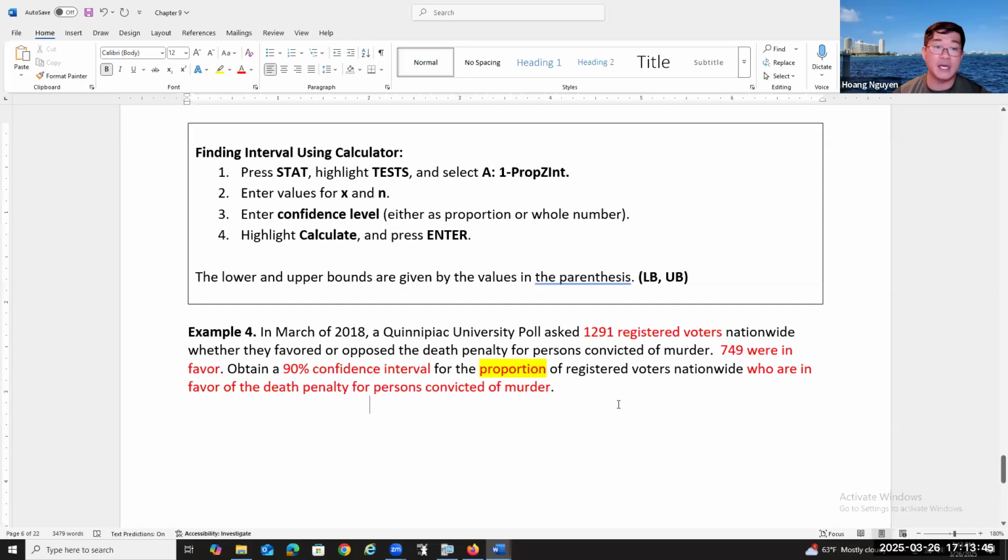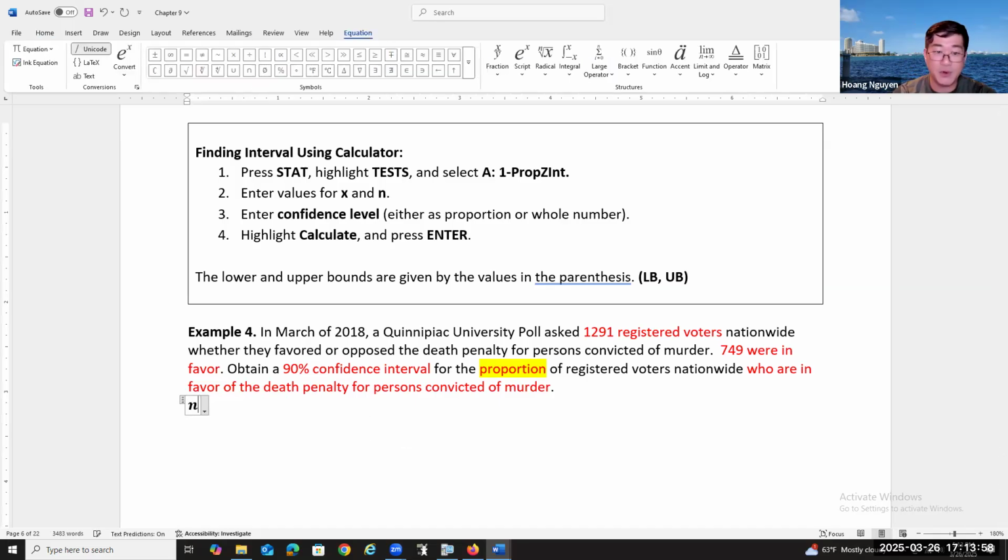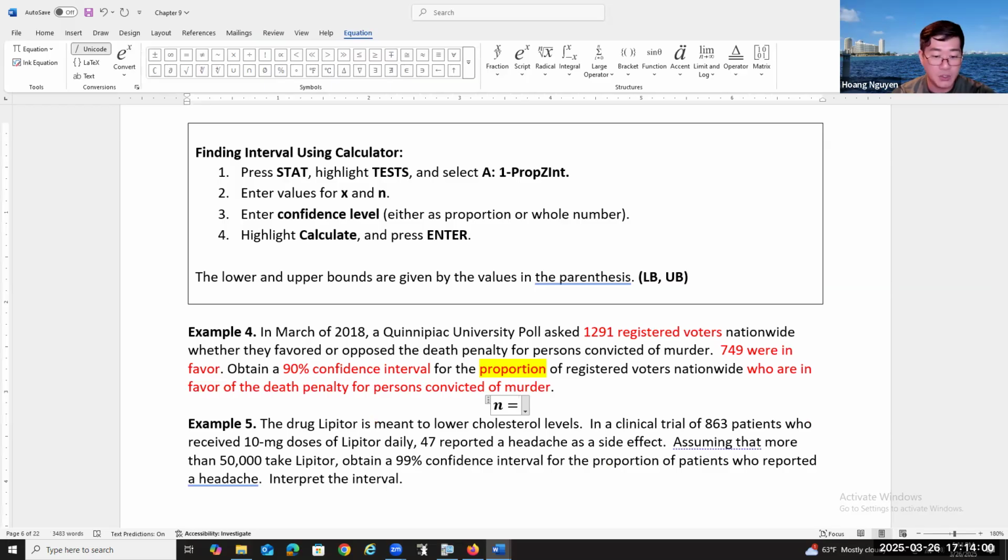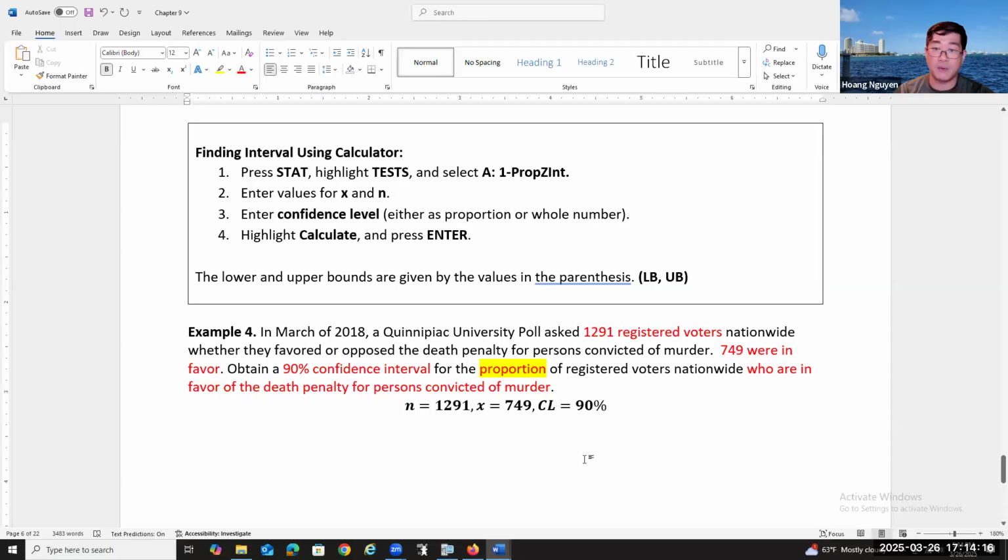So you might summarize the question. What's gonna be the sample size? The sample size N will be 1291. What's the value of X? X equals 749. Then the confidence level is 90%. That's the summary of the question.